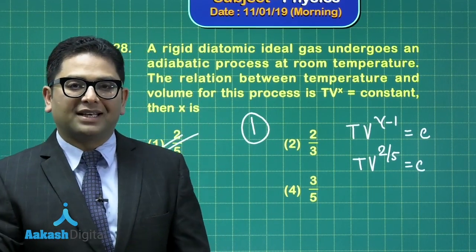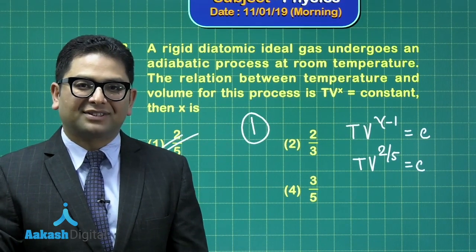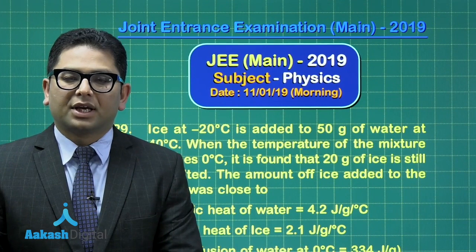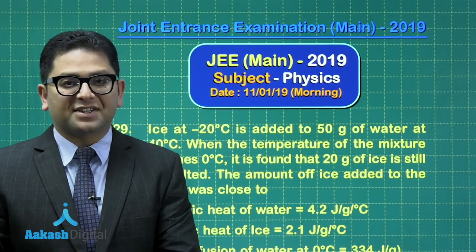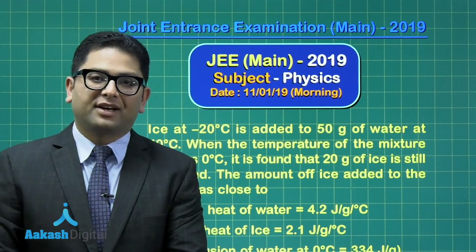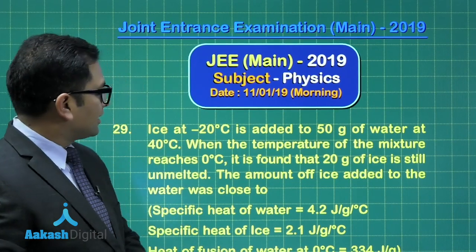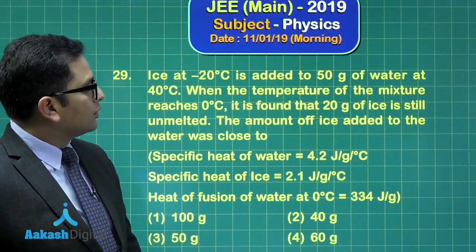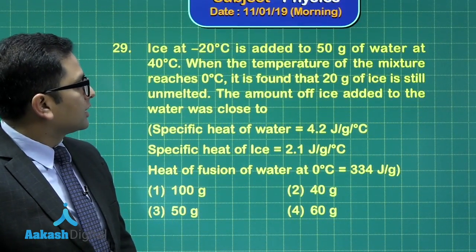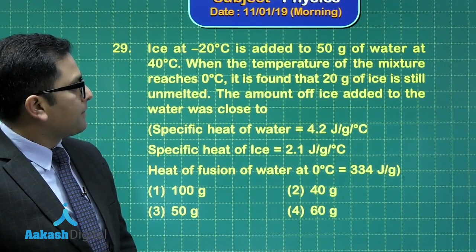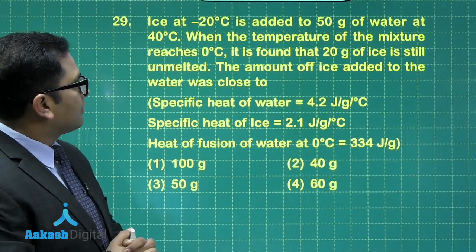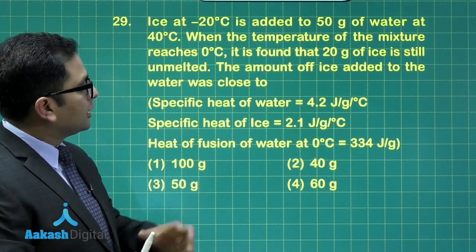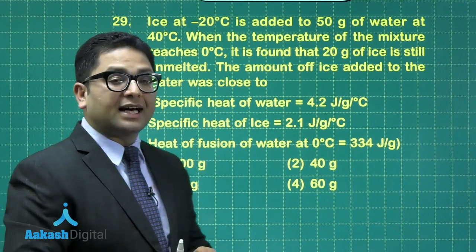Now it's time for the second last question of this shift. Question number 29 has been brought from calorimetry, and it's something like this: ice at minus 20 degrees centigrade is added to 50 gram of water at 40 degrees centigrade, and when the temperature of the mixture reaches 0 degrees centigrade, it is found that 20 gram of ice is still unmelted.